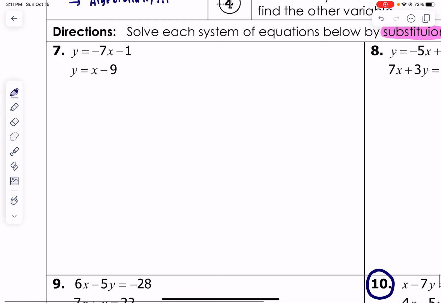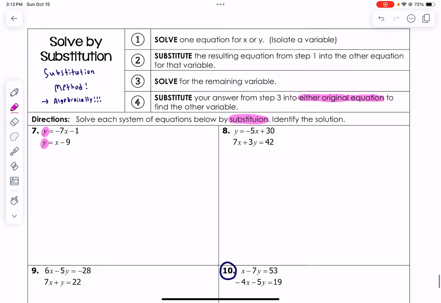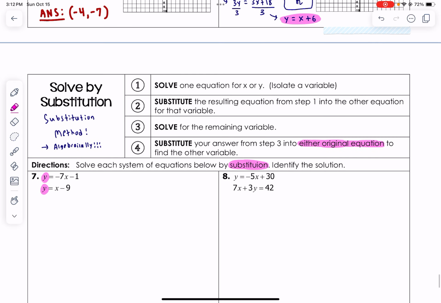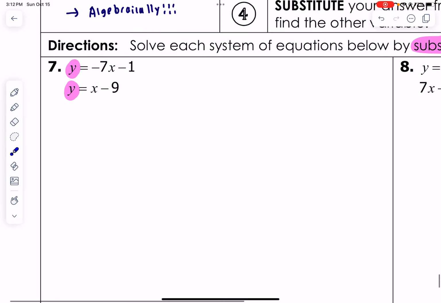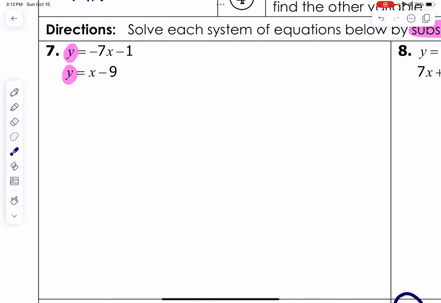Notice here, number 7 isn't the most difficult one out of all of these. They actually already give us what y is equal to. And please remember that in step 1 of this process, they want you to solve one of these equations for either x or y and isolate it. So here, they actually already give us the isolated equations for y. That is very helpful for us.